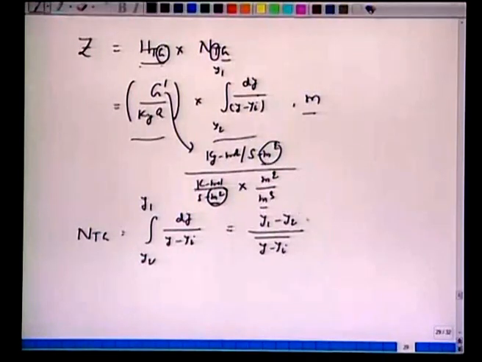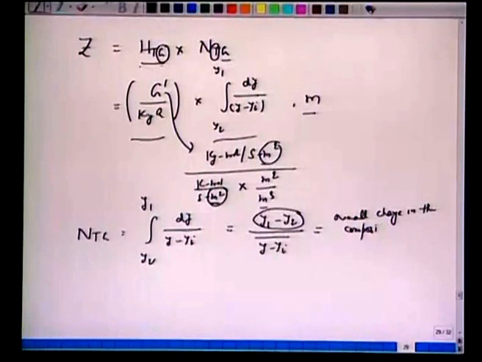So, what we have, how much is the separation here? Overall change in the compositions from one end of the column to the other end of the column, y1 minus y2. It is the overall change in the compositions from 1% to say 0.001%, 10,000 ppm to 1 ppm, that is y1 minus y2 across this column. And what is y minus yi?